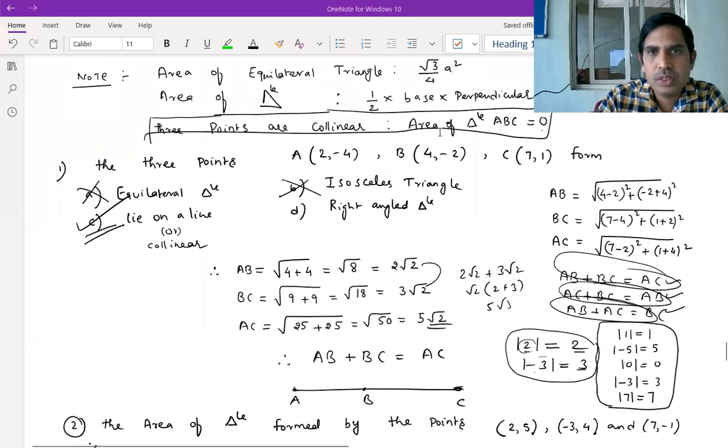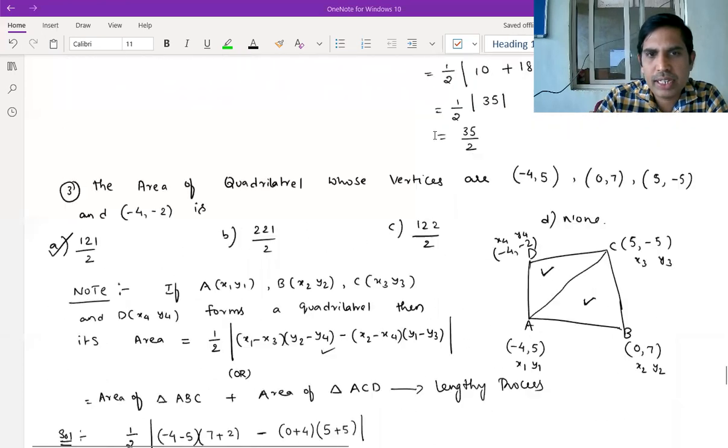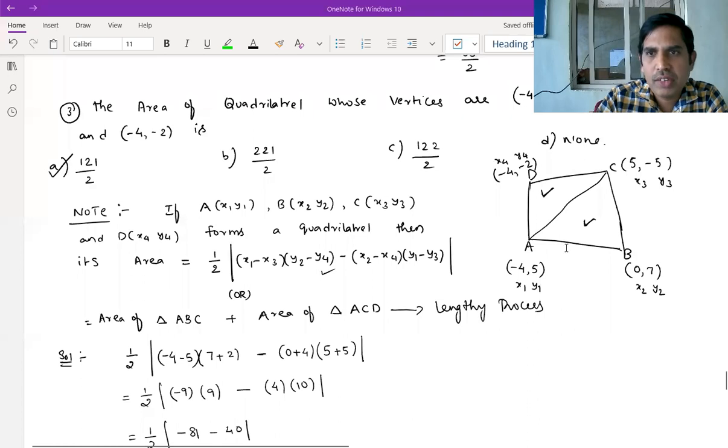Right. Next, I gave some problems and discussed them. Even area of quadrilateral. Observe, when we have to find the area of a quadrilateral, this is one method: one diagonal divides it into two triangles. So the areas of the two triangles we have to find separately and then add to get the area of the quadrilateral.